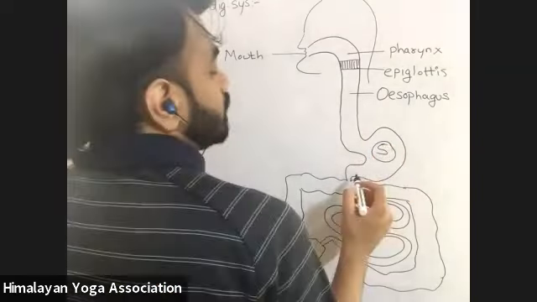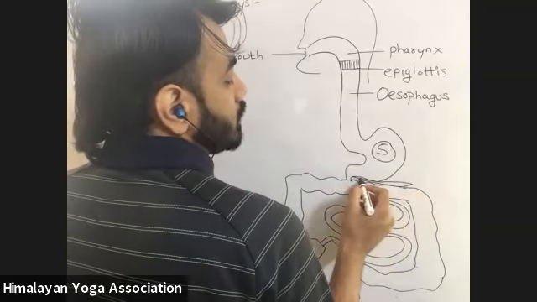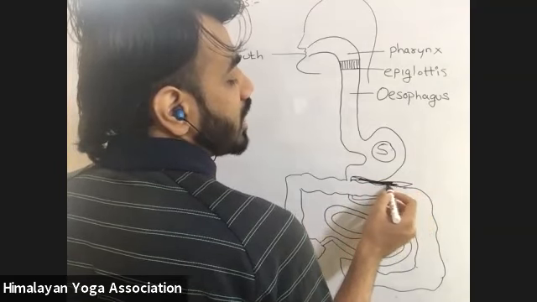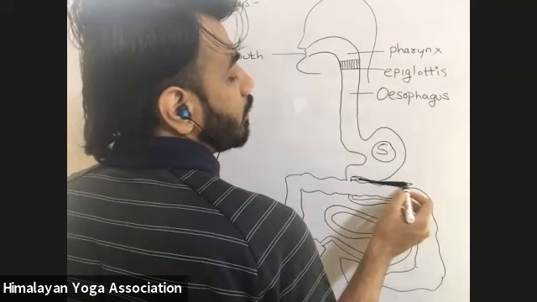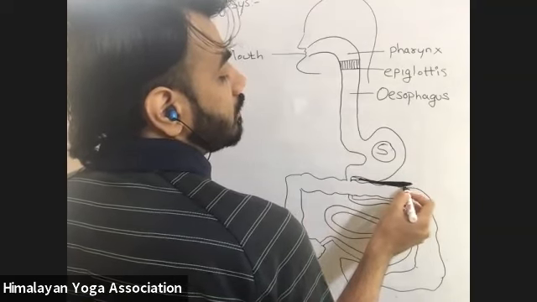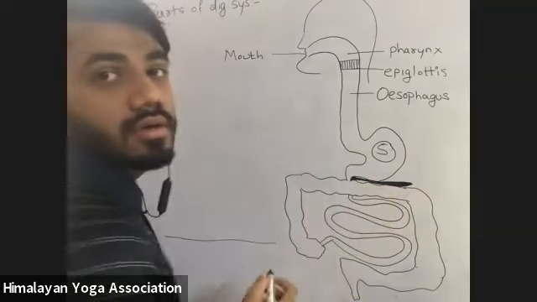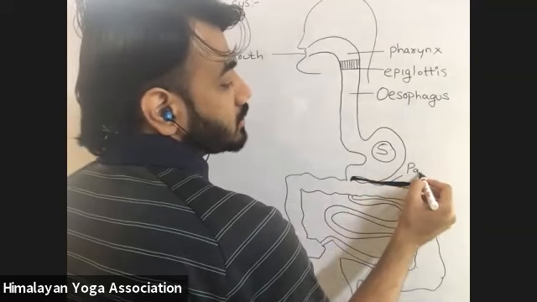On the left side, below the stomach, you will see a black, small, sharp, leaf-like structure. Here I am drawing that. That leaf-like structure in dark black is known as the pancreas.